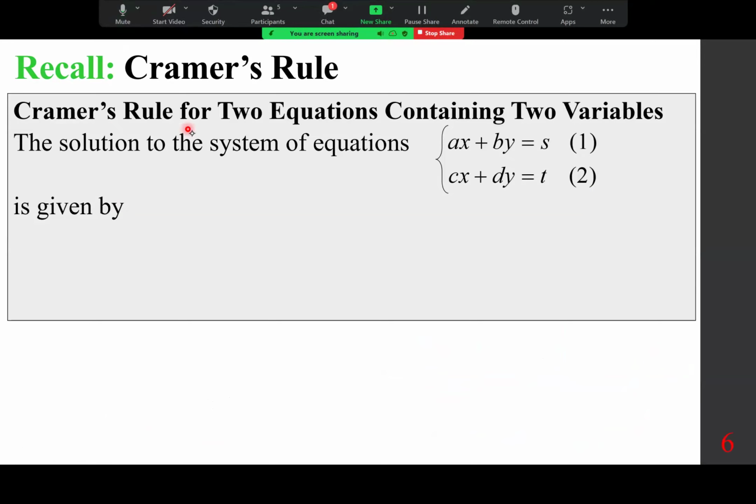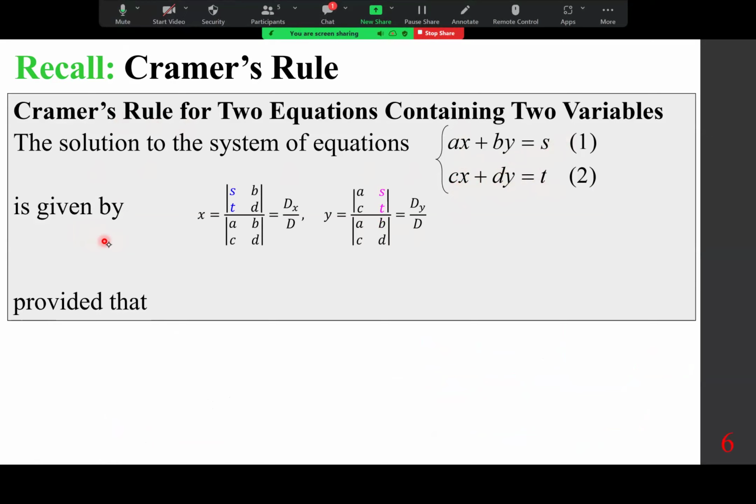Cramer's rule for two equations containing two variables. The solution to the system ax plus by equals s, cx plus dy equals t is given as follows. First and foremost, it's important that we understand D is the coefficient matrix a, b, c, d, and you calculate the determinant of that.